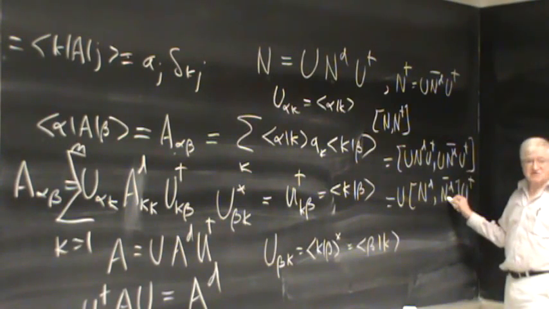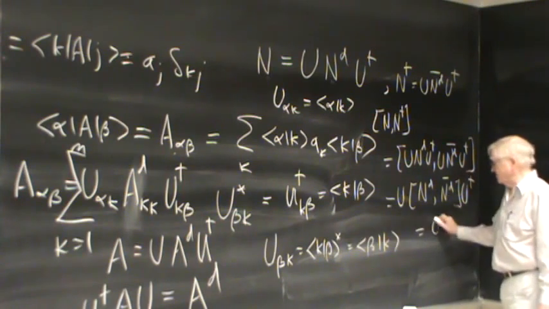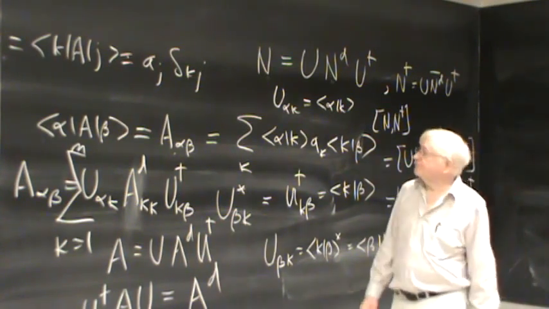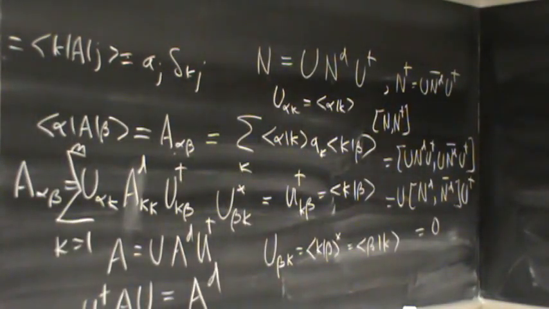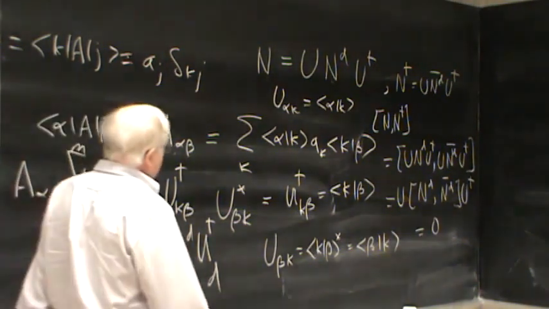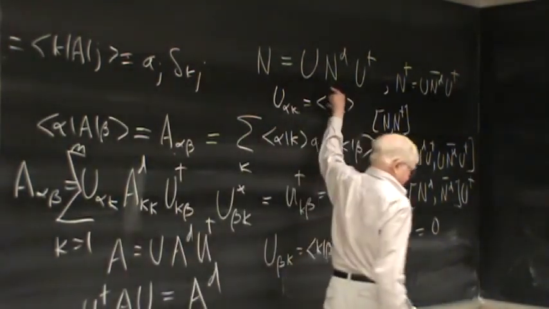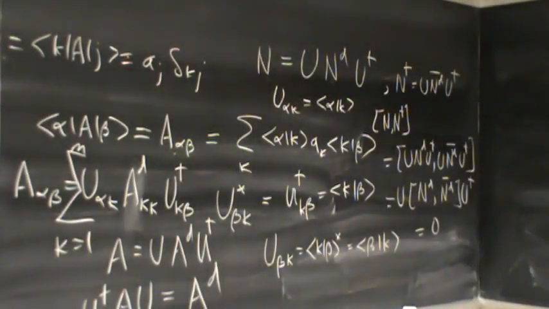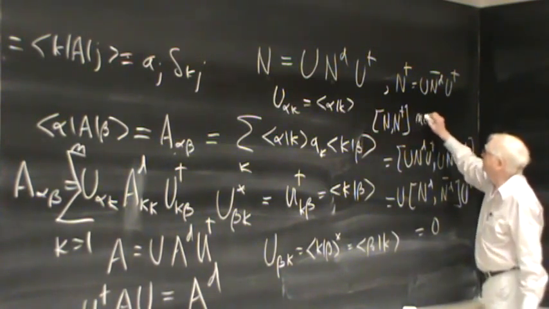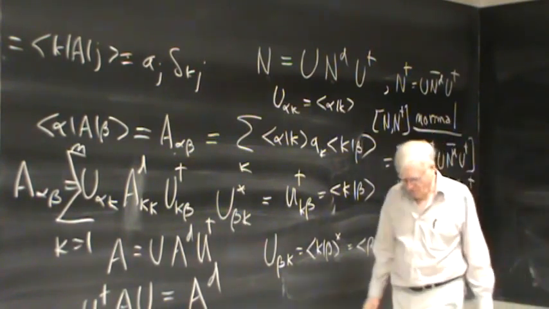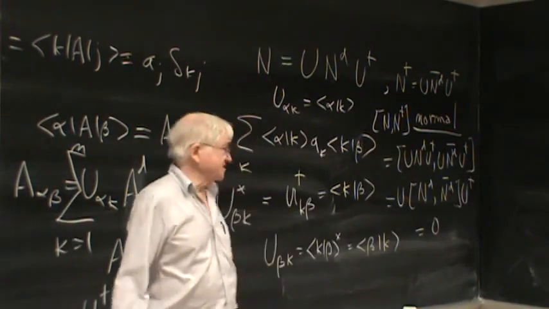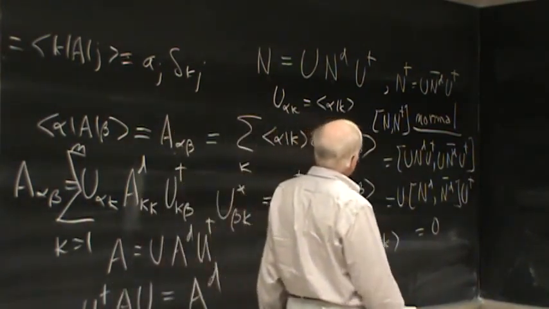Any two diagonal matrices commute, and so this is 0. So there's an obvious generalization of a Hermitian matrix or a Hermitian operator, which is you just relax the reality condition on the eigenvalues, and you get what's called a normal matrix. And so normal matrices commute with their adjoints. That's the definition of a normal matrix.